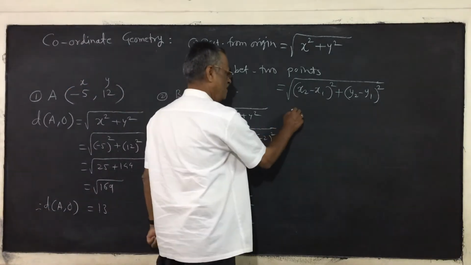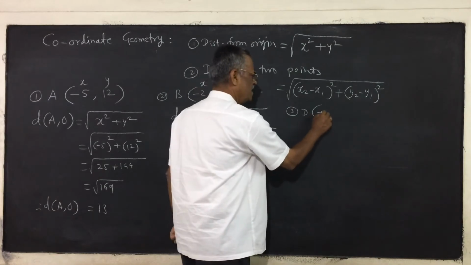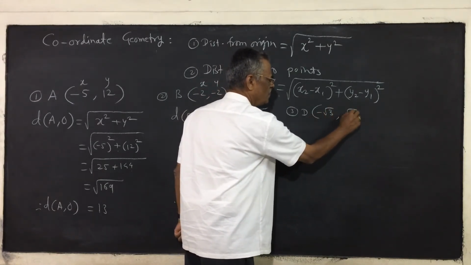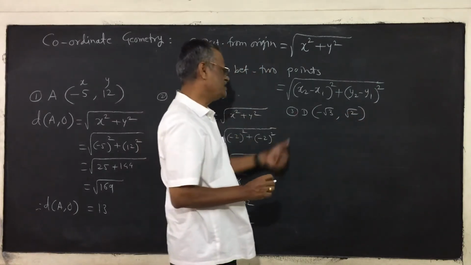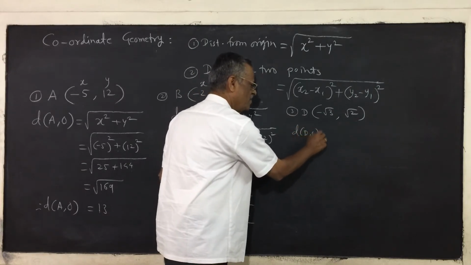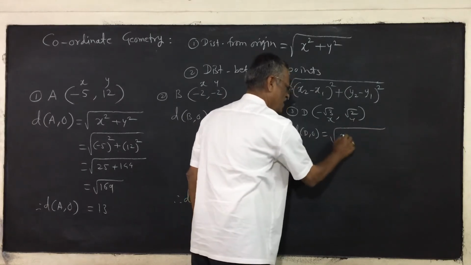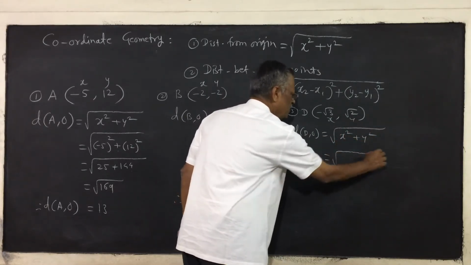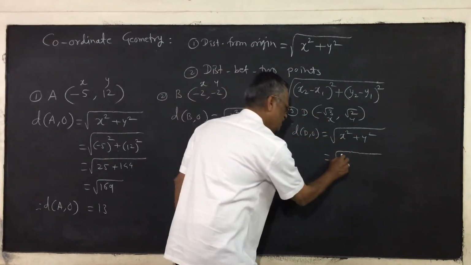If another example, D point is there and coordinates are minus root 3 and root 2, what is the distance of this point from origin? Distance of D from origin, same formula, under root x square plus y square. So what is that?